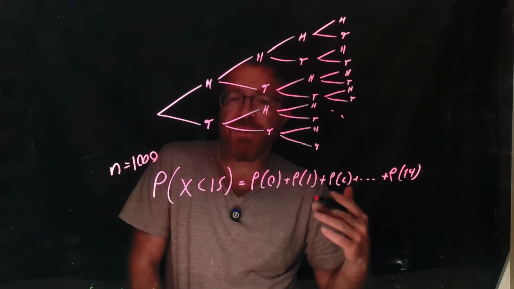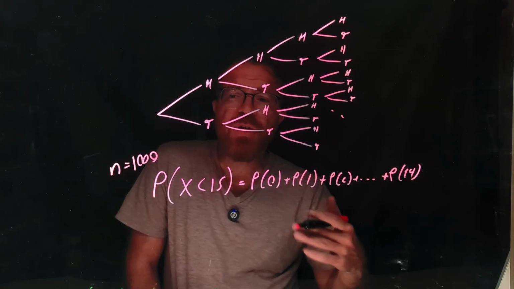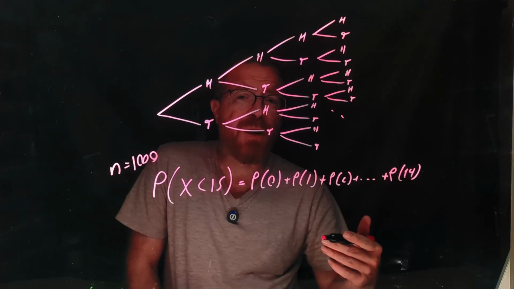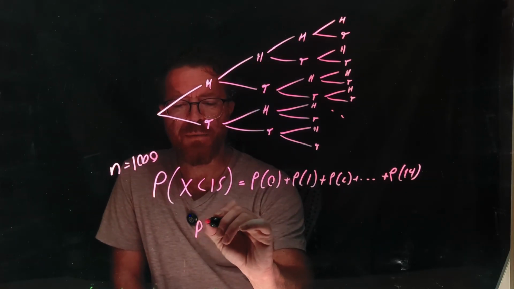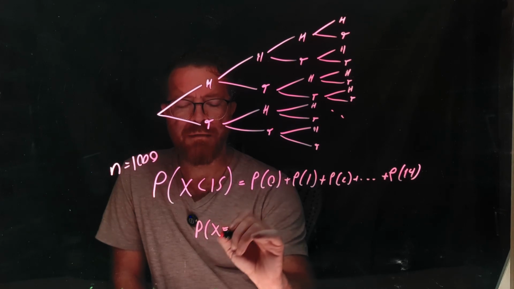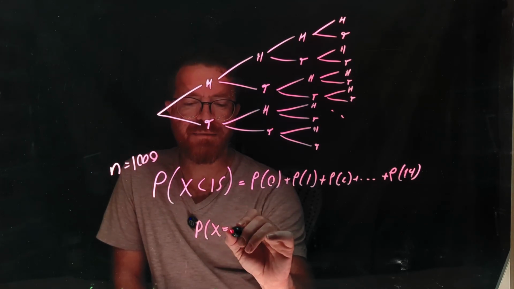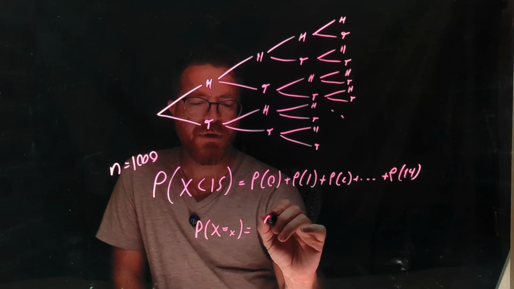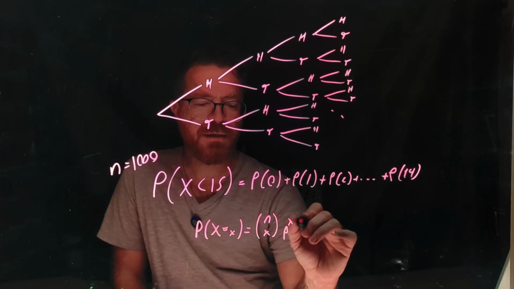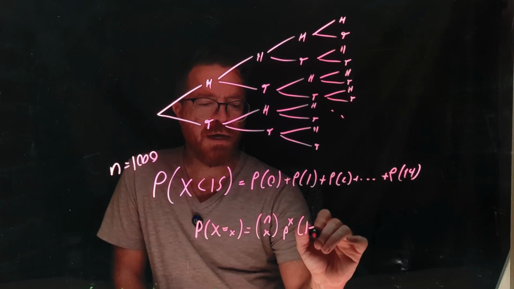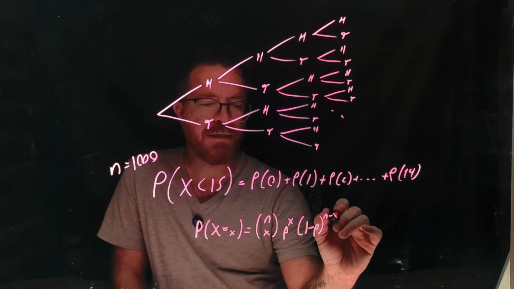Also, if you go into your calculator and even just try to calculate certain big binomial probabilities, right? Because if you remember the formula for a binomial probability, the probability that X equals x is equal to n choose x, p to the x, (1 minus p) to the n minus x.